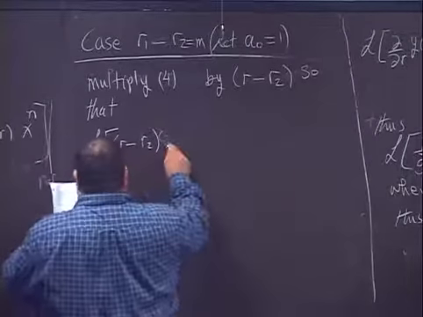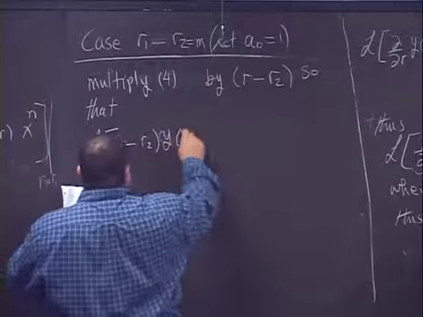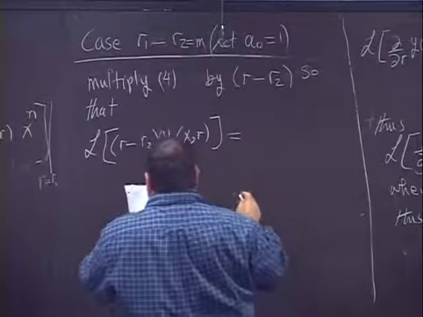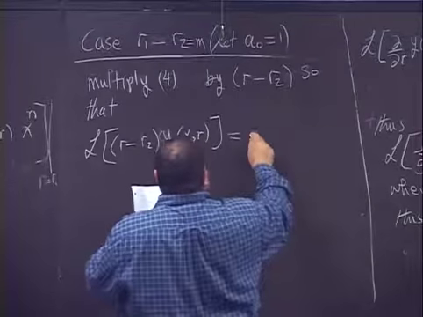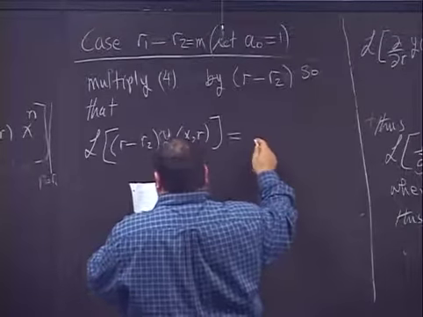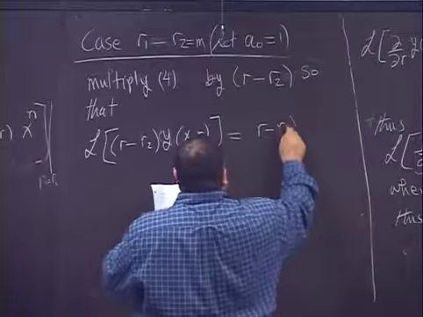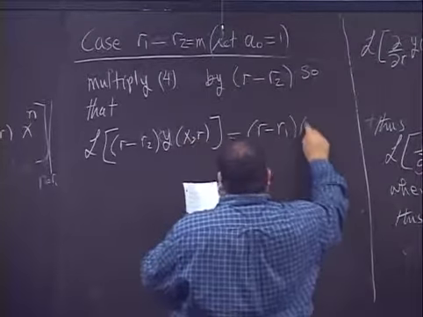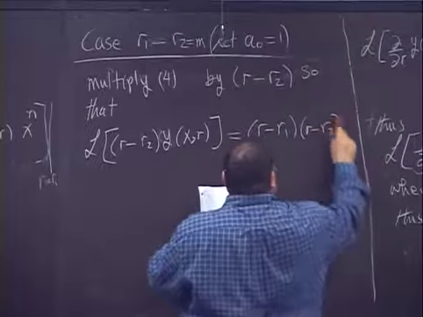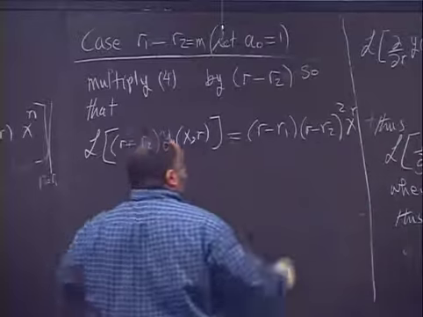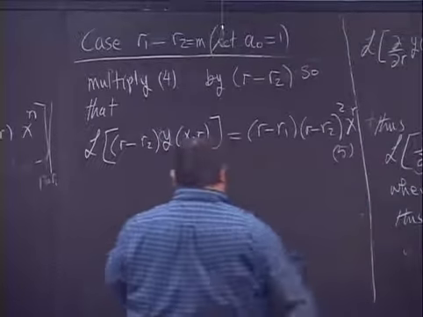So r minus r2 multiplied by y of x and r is equal to a naught, just 1. We will take it for the simplicity. R minus r1 multiplied by r minus r2 square now multiplied by x to the power of r, and we'll call this number 5.